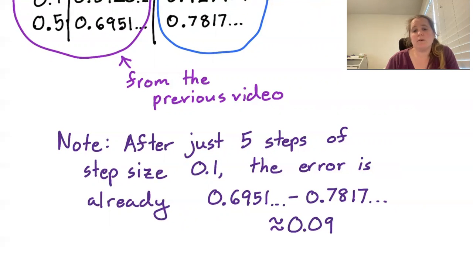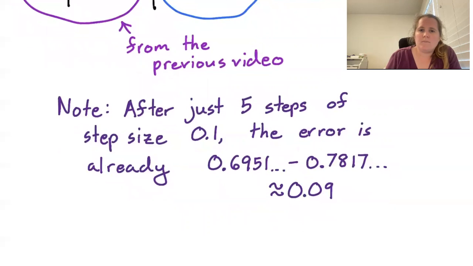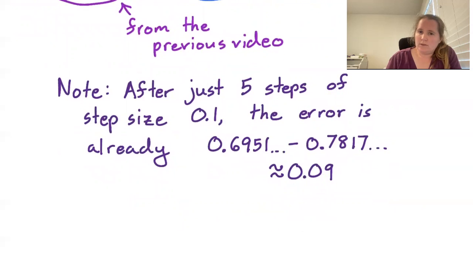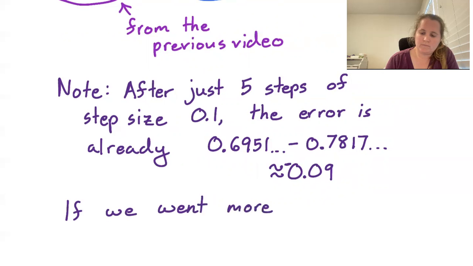Right? So we're close to a 0.1 difference already. So Euler's method is underestimating the actual value by around 0.09. Right? So if we went more steps, the error would likely get even larger.